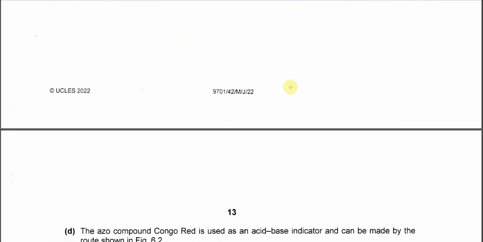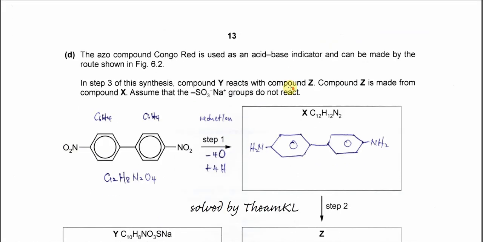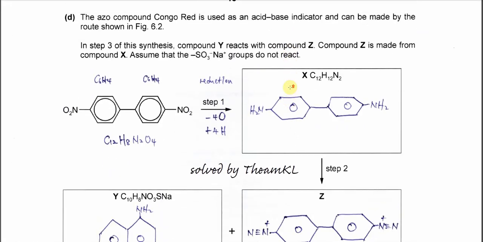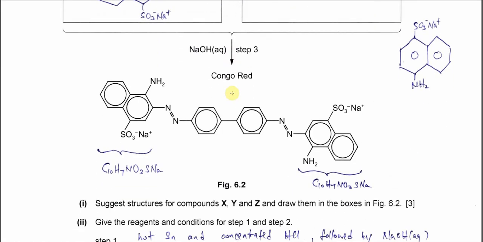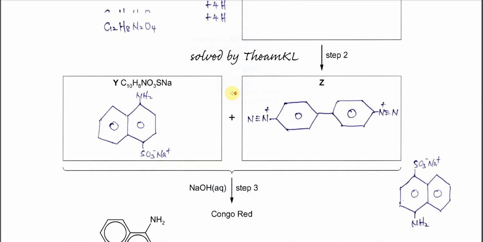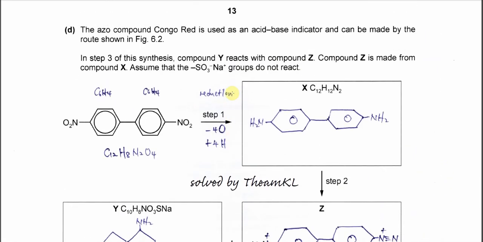Now next part. Part D. We have Figure 6.2 here, which is a 3-step reaction. So let's start with the first one.